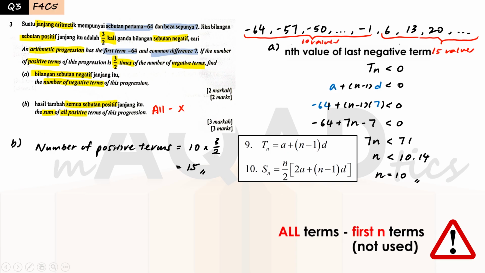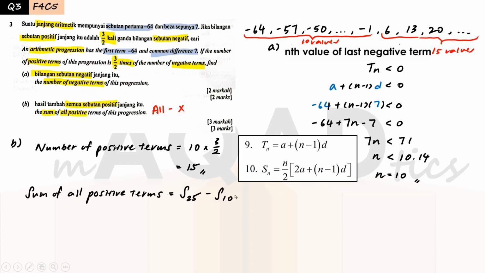So what we can do is find the sum of all the terms first, then minus out the first 10 terms. So the technique is to find the sum of all 25 terms, then minus out the first 10 terms. I can use the Sn formula from arithmetic progression, which is this formula.